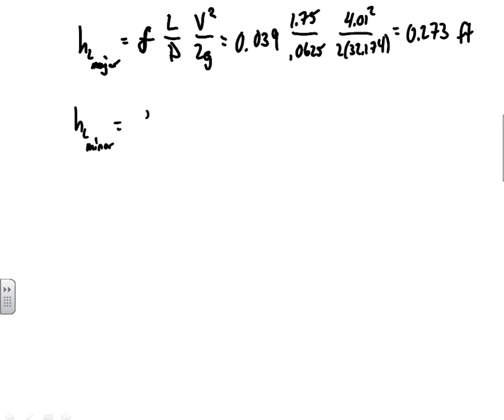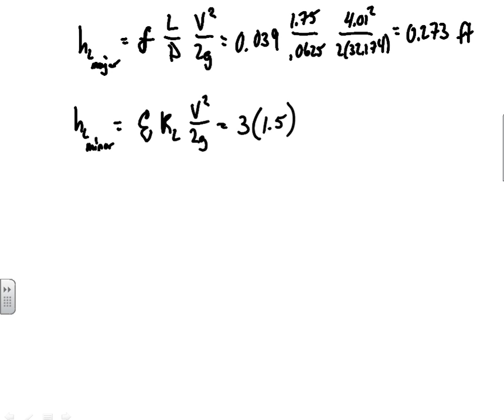The minor losses are due to the components, those 90-degree bends. The equation is just the sum of all the K sub L of all those parts times V squared over 2G. We have 3 90-degree bends, so 3 times the K sub L for a 90-degree bend, which we look up from the table in Chapter 8, and we find that it's 1.5.